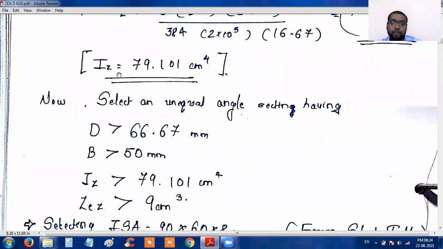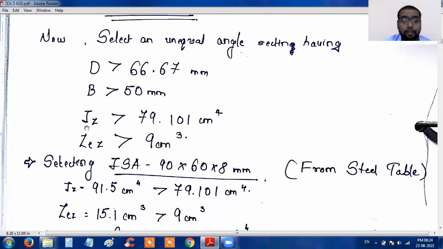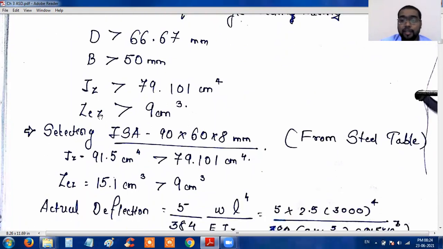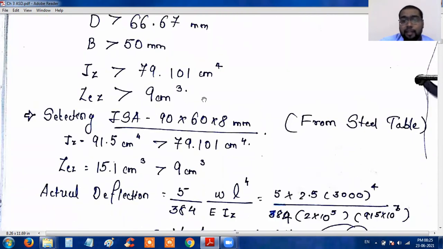Iz value is 79.101 centimeter raised to 4. Now we have the depth, we have width, we have Iz means moment of inertia, and we have Zz means section modulus for Z direction. Okay, from that criteria, find out the proper angle section from steel table.